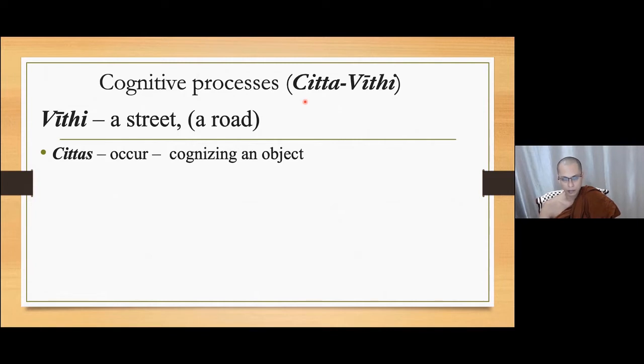There's no consciousness which does not cognize any object. It means every consciousness cognizes an object. So when the consciousness arises, they arise cognizing an object. And as mentioned in chapter 3, they use the doors. Sometimes they arise using the doors, the physical five sense doors, or sometimes they use the mind door.